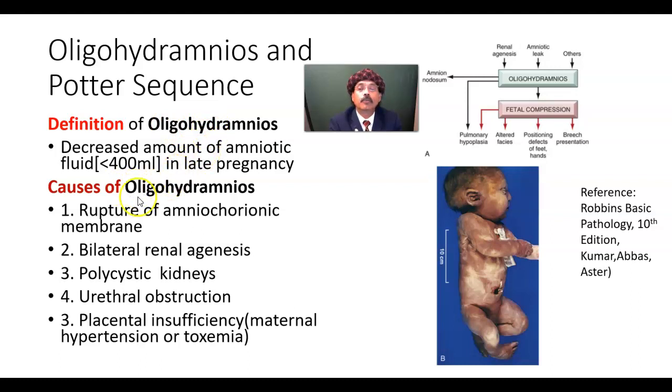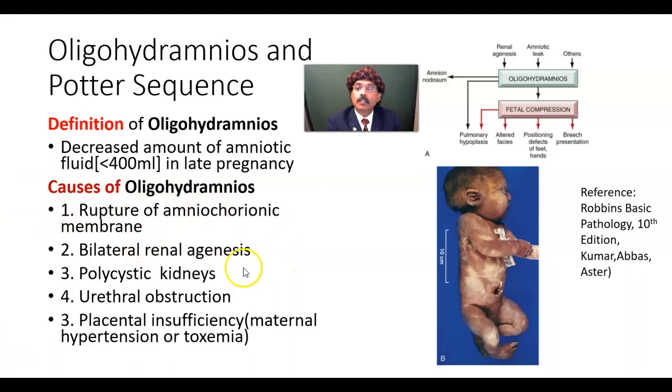Rupture of the amniochorionic membrane, bilateral renal agenesis, polycystic kidney disease type 1, urethral obstruction or ureteric atresia, placental insufficiency that may be due to maternal hypertension like preeclamptic toxemia or eclampsia.